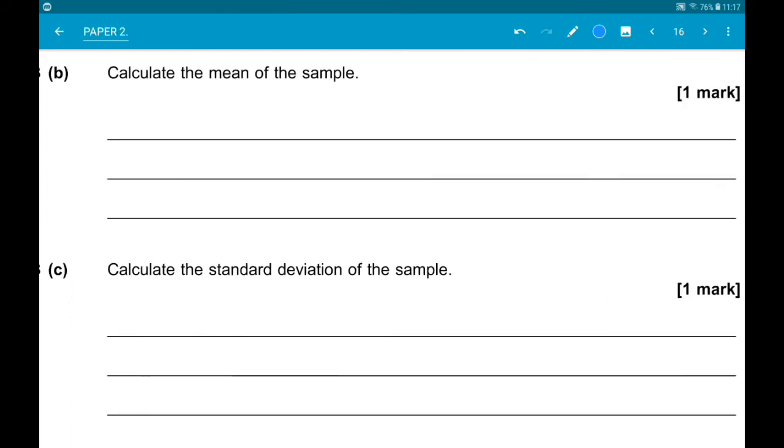And part B wants us to calculate the mean, so you can use your statistical calculator to do B and C. So we will get x bar is 72.375, and I guess grams per kilometre.